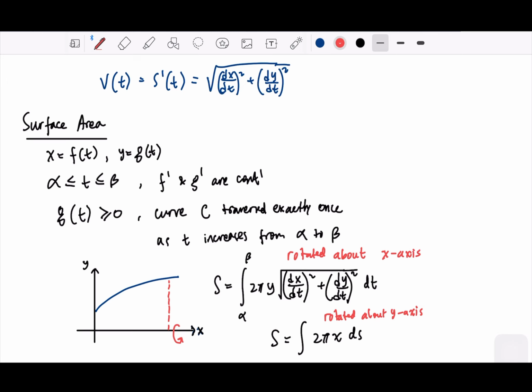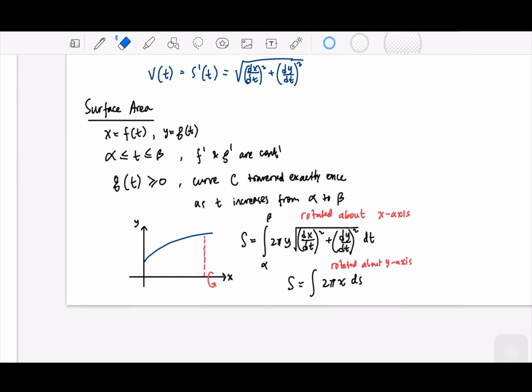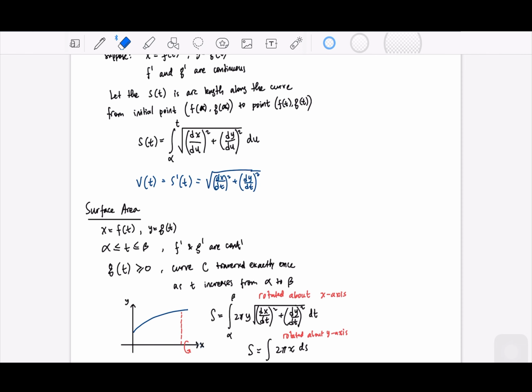And if needed, I can help you with some additional video for the parametric. Okay, so that's the surface area. So that's the calculus in parametric.